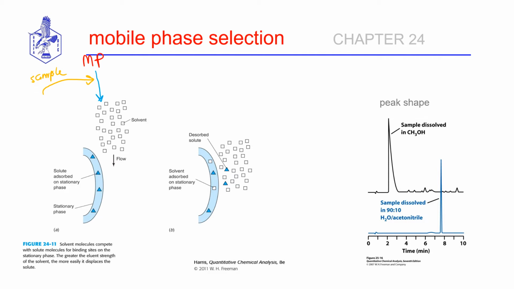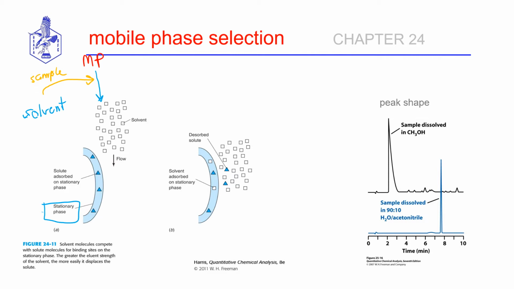Any components in my sample are going to be exposed to this stationary phase material down here in the blue layer. Keep in mind your sample and its components will be in some kind of solution form, and so there is some solvent that we have to select in preparing our sample to inject onto the column.